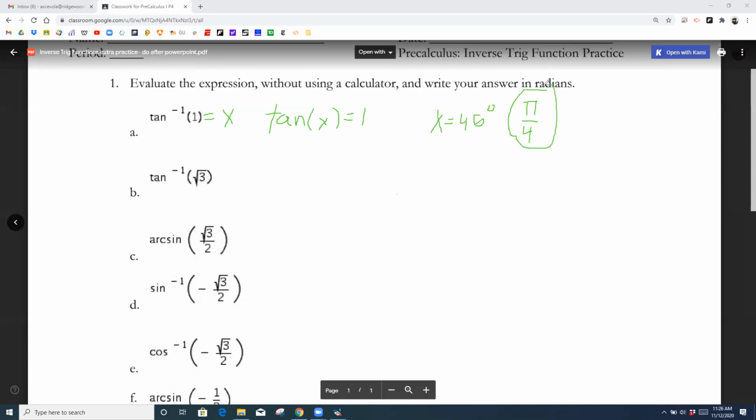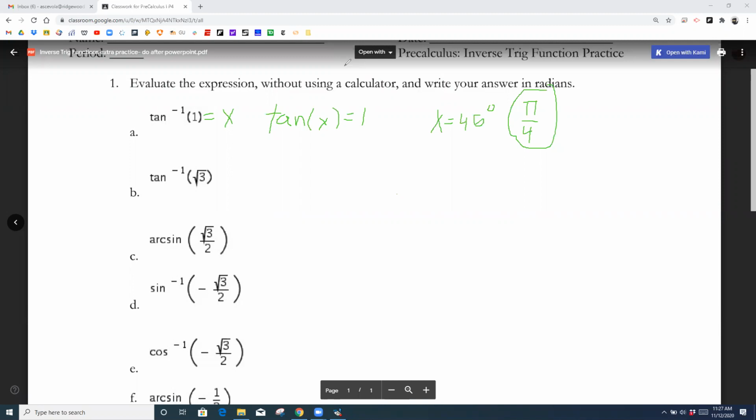Pretty much you're looking for these angles, but they have to be in quadrants 1 or 4 for tangent and sine, and 1 and 2 for cosine. They have to be between 90 and negative 90. So if you got something like 330 degrees, you would want to write that as negative 30, not 330, because 330 isn't in the range.